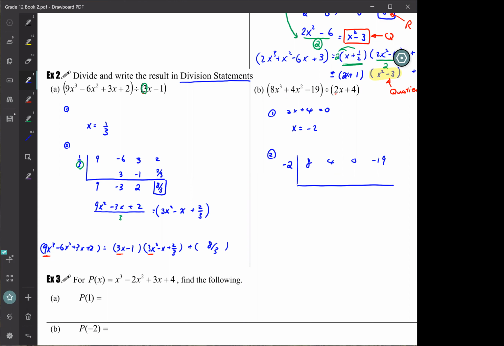Okay, so we drop down the 8, times it by that, so that's -16, negative 12, 24, negative 48, right? And then 96.